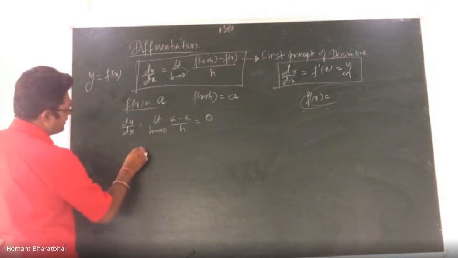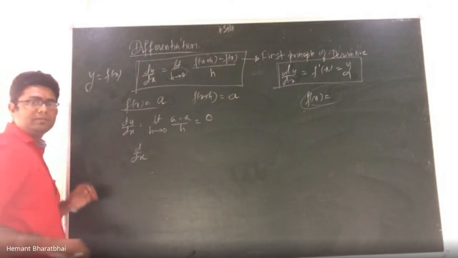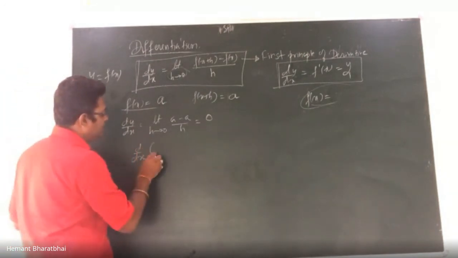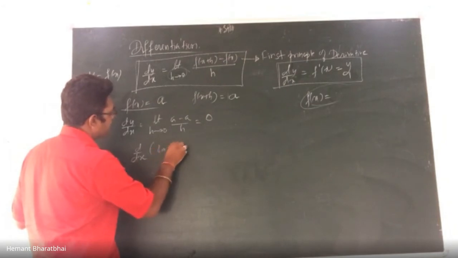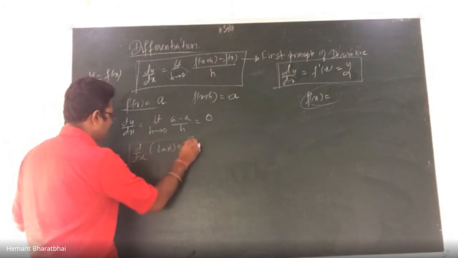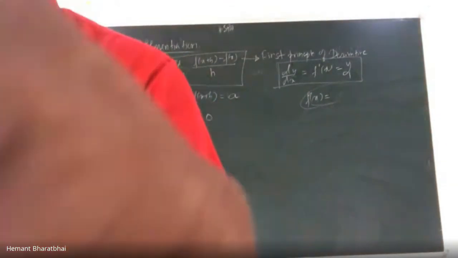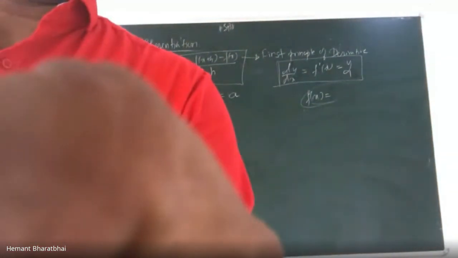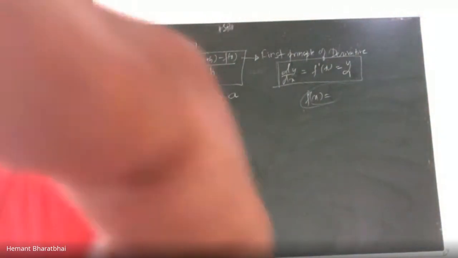Hence the derivative of a constant is 0. So we have derived one formula which we will use again and again, that the derivative of a constant is 0.